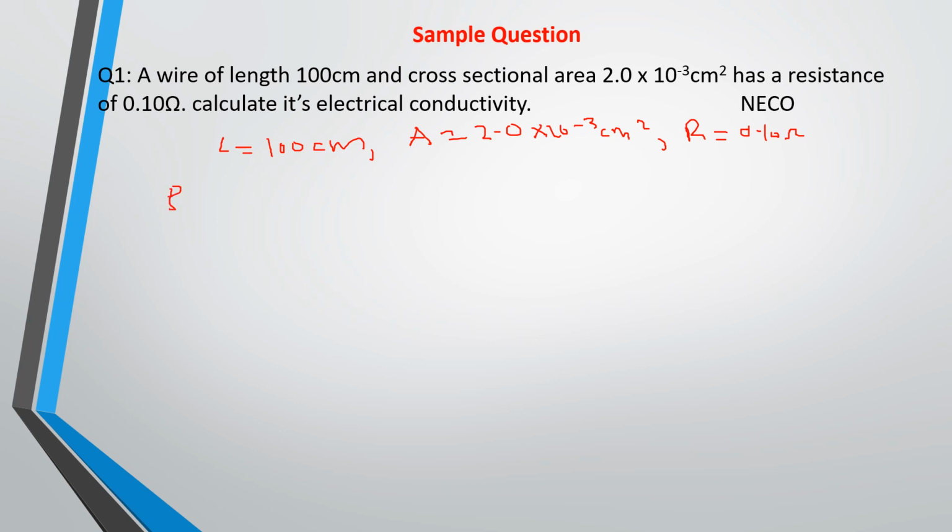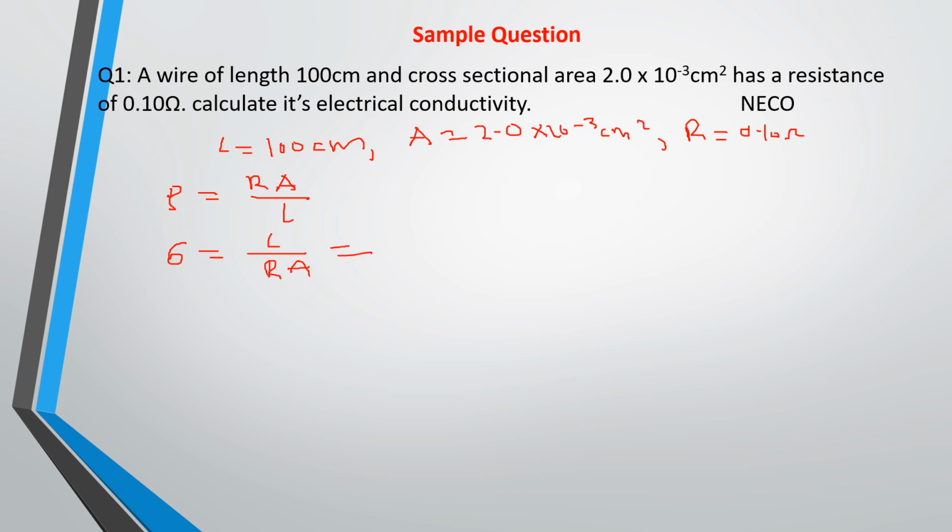So from your equation, we had that resistivity is equal to RA over length, and conductivity will now be equal to length all over RA, since it is reciprocal.